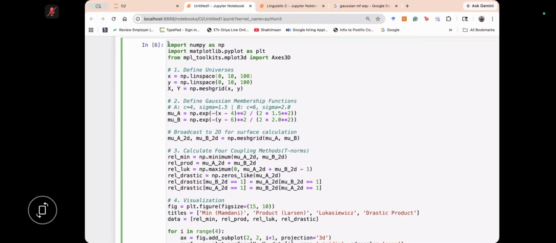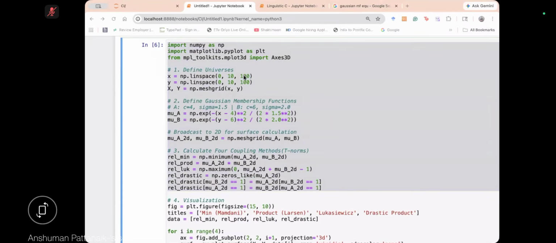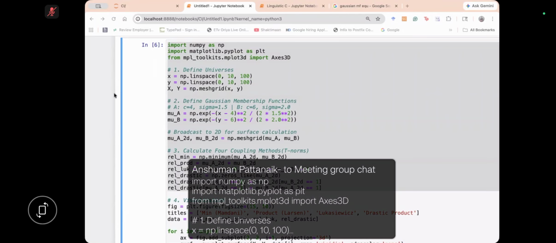Otherwise, I think Alok has done it. Let me do one thing. Let me put this code in the Zoom chat so that you can try it by yourself. This is part one. Then the visualization part.